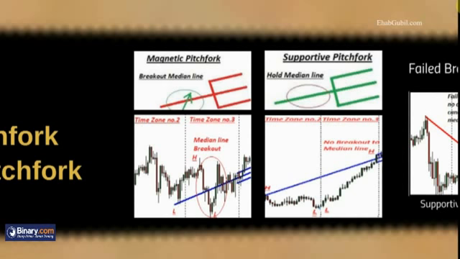The two shapes of the two types of the PF are, as you can see in the charts. The major difference between magnetic PF and supportive PF is that the median line has a breakout in magnetic PF and no median line breakout in supportive PF.